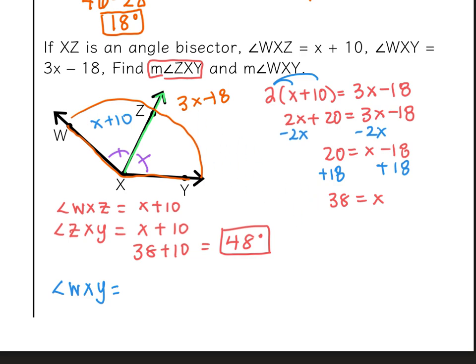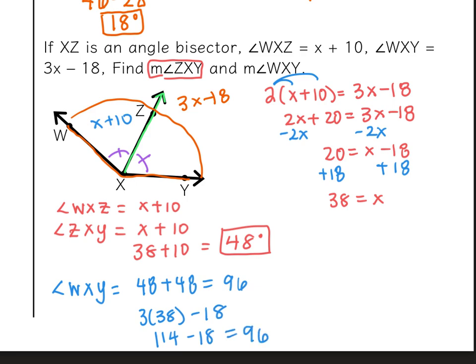I'm going to get the same answer, but I'm going to show you both ways just in case. So 48 plus 48 equals 96, or 3 times 38 minus 18. 38 times 3 is 114, minus 18 also gives me 96 degrees. So you see that either way, you get it right.